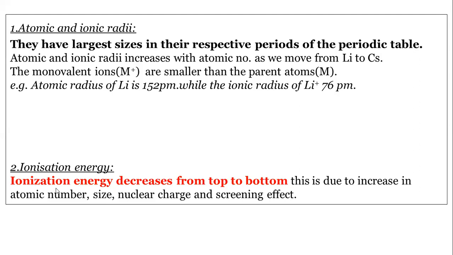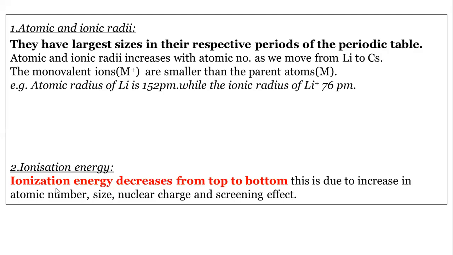When the atomic size is increasing from top to bottom, ionization energy values always decrease, because as the electron goes away from the nucleus, it is very easy to remove. But if the electron is closer to the nucleus, that is in case of lithium, the ionization energy of lithium will be more than that of cesium.